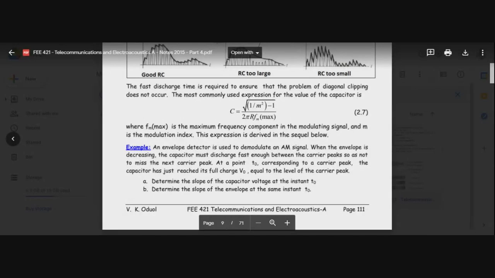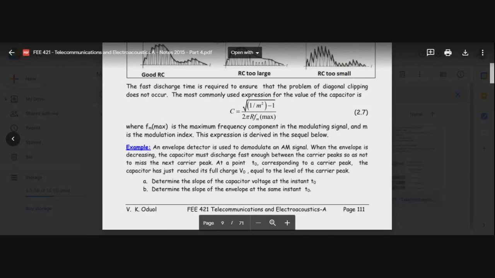So if you are trying to design the circuit, you would pick a resistor, and then knowing the frequency, do this calculation, and you see if the value of the capacitor that you get is reasonable. If not, you pick another value of the resistor, and so on until you get a reasonable value. I mean, you don't want to put a huge capacitor there that is maybe 1,000 microfarads. That's too big.